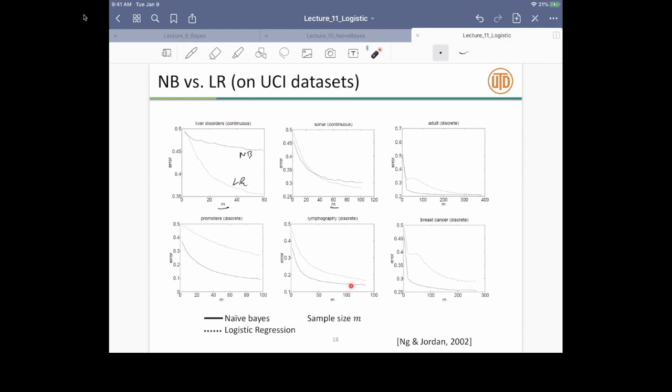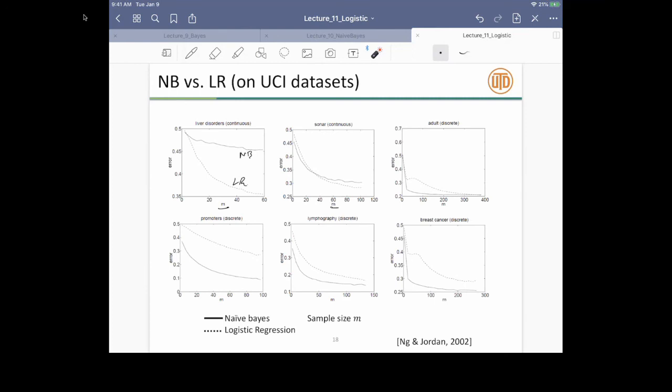I think if you give more samples, logistic regression will finally come to naive Bayes. It's just that logistic regression requires more samples to estimate the parameters well, as compared to naive Bayes. So one loose takeaway is as follows.